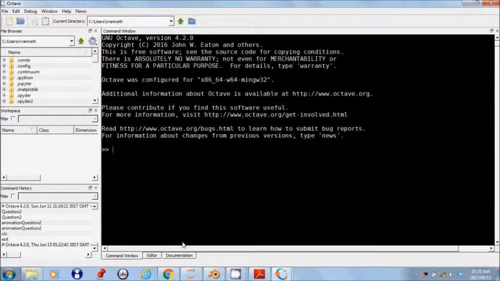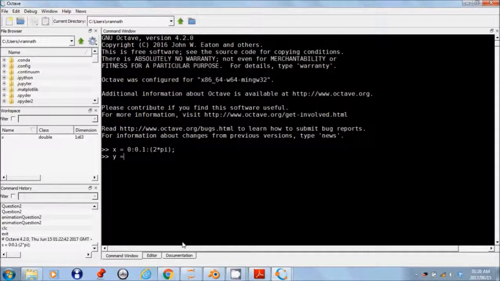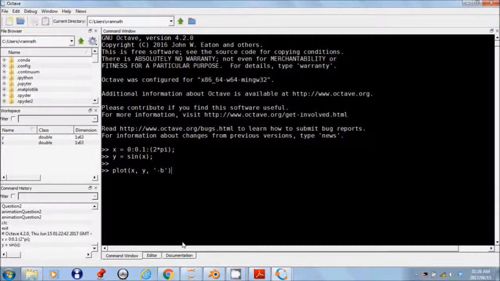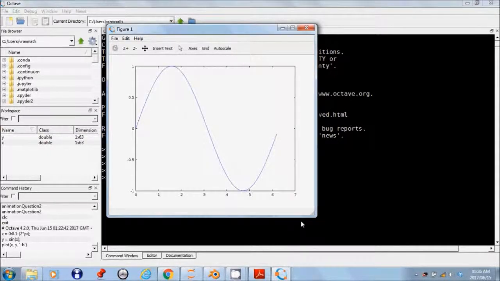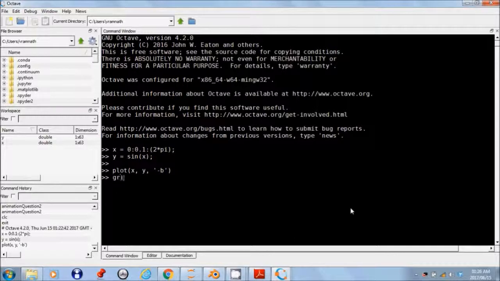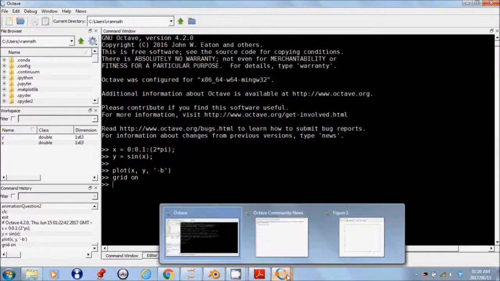For example, we'd like to plot the sine of x, and then to plot it, we just say plot. There's our graph that we'd like to plot.